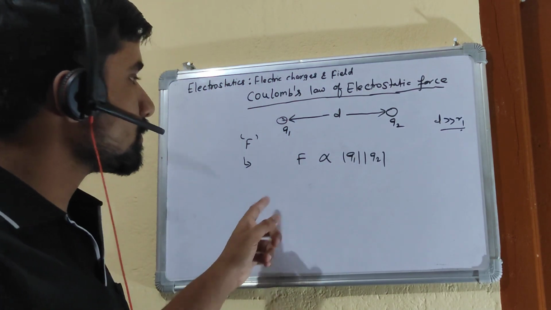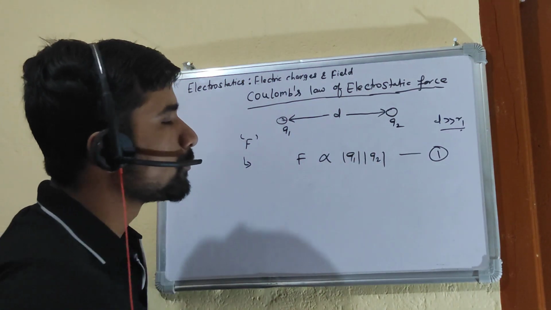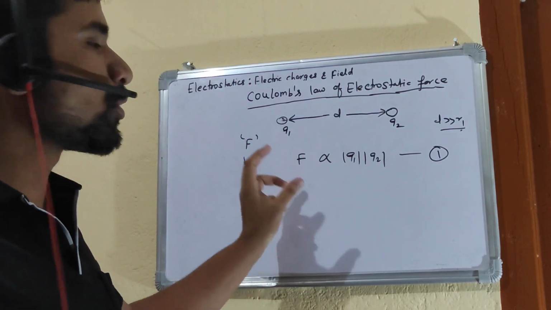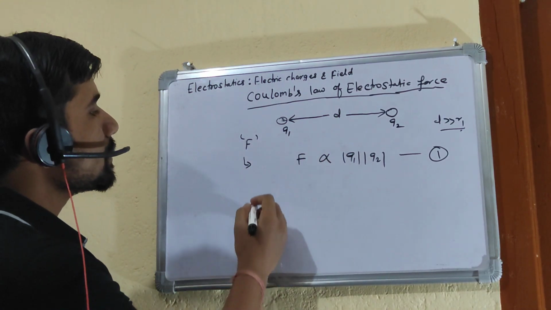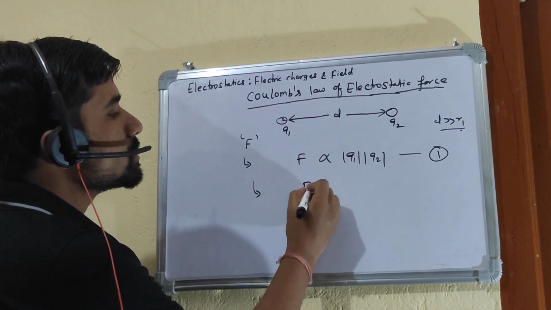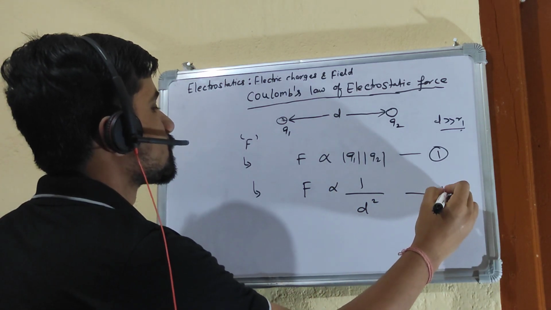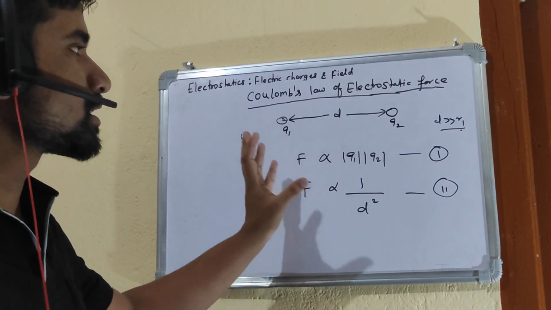The first expression of Coulomb's law states that the force between two charged bodies is proportional to the product of their charges, and the force is also inversely proportional to the square of the distance between them, right? So these two are the expressions which come out of Coulomb's law.